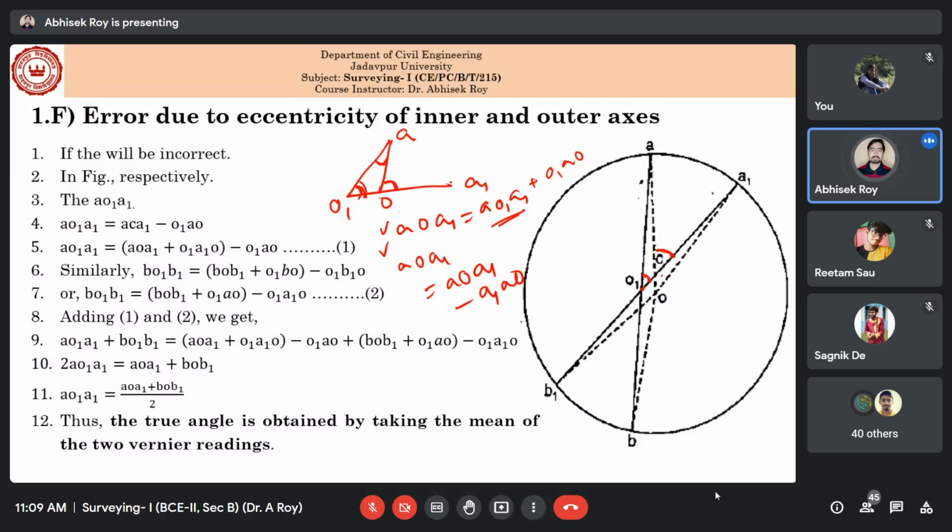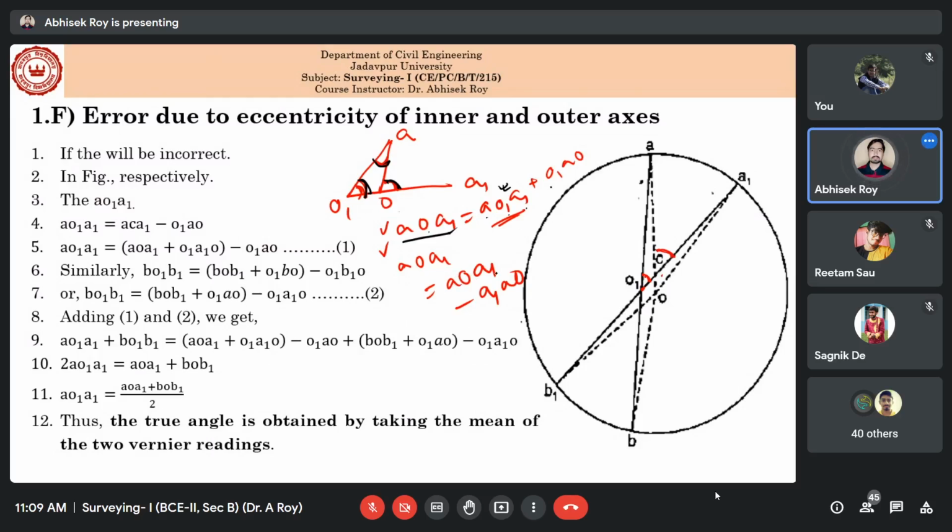So your AOA1, this angle, should ideally be this plus this. We have learned these properties in class 7. So AOA1 is equal to obviously O1AO plus AO1O, or we can write AO1A1. So this angle, that we have written. Now we can write AO1A1 is equal to this minus this.